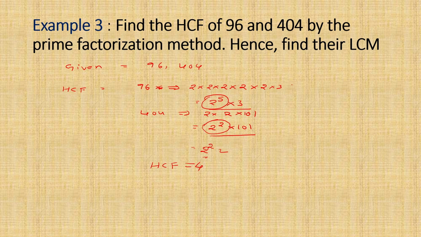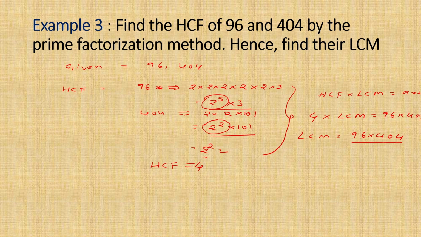And by using this, we need to calculate the LCM. We know that HCF multiplied by LCM is equal to the product of those two numbers. Here the HCF is 4, and we need to calculate the LCM. The product of those numbers is 96 into 404, so LCM is equal to 96 into 404 by 4.